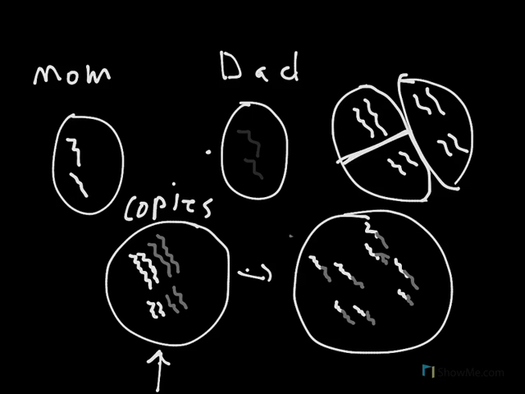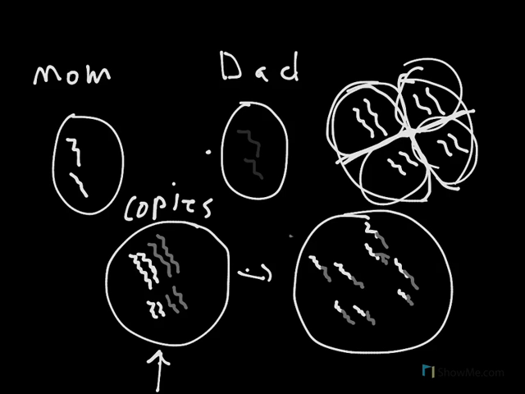It splits again. And when it splits again right here, it turns into 4 gametes, because now each single gamete only has 2 chromosomes. See? And then you have one of those gametes that comes from mom and one of them from dad. And then that makes a person.